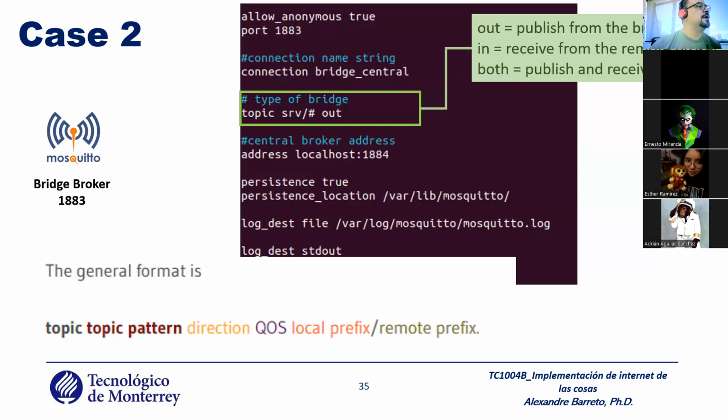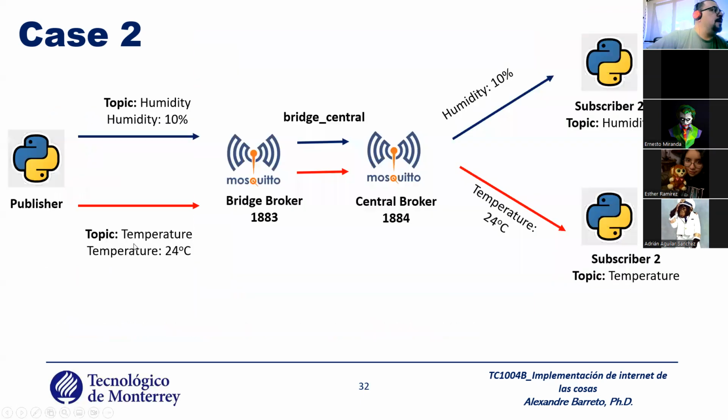The out only receives messages from the publisher and forwards to another broker. And in, the bridge broker only receives messages from other brokers, like the central broker. In our case it is out, because if you see here, this guy receives messages from the publisher and forwards. It doesn't receive messages from other brokers.